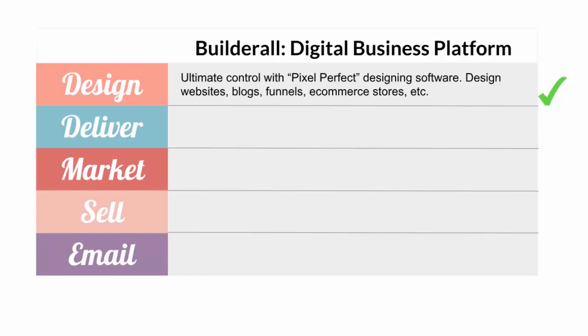You have ultimate control over all of the design using their pixel perfect designing software. There is also the ability to create e-commerce stores. There's a webinar component to this. There's just a lot of leeway that you have in creating different types of online platforms for your business.